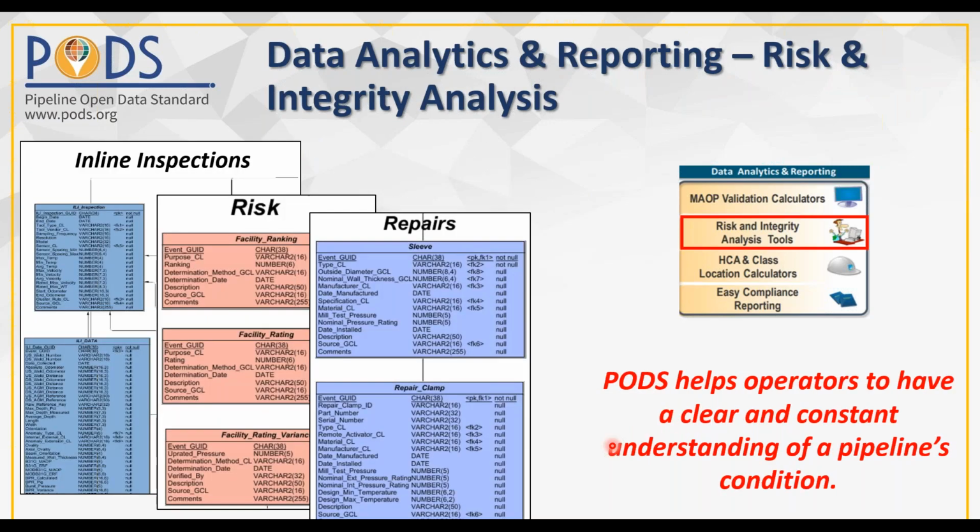So another aspect of data analysis is in the reporting of risk and integrity of the pipeline. Pipeline safety regulations include requirements for operators of hazardous liquids and other gas transmission, as well as distribution pipelines, to develop and implement comprehensive integrity management programs.